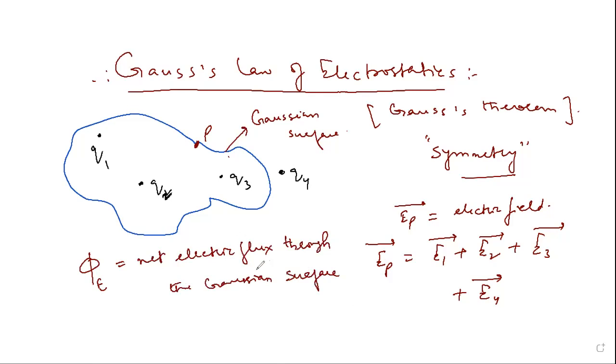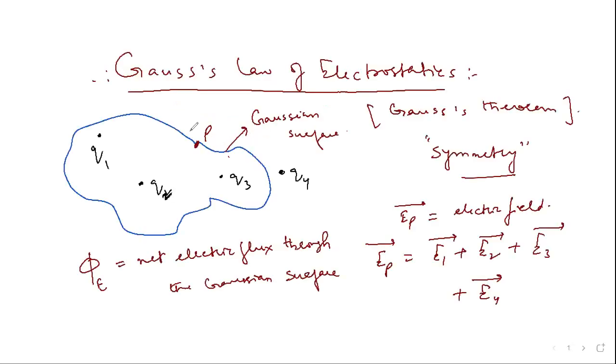Now from the definition of the electric flux, which we've already discussed, my electric flux will be the closed integral of E dot dA, right? This E is the electric field over the Gaussian surface.